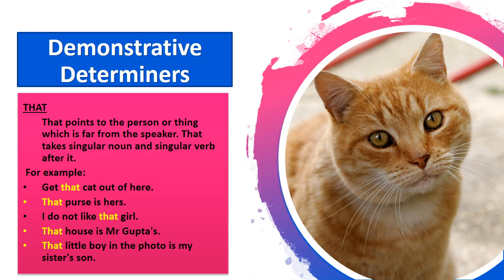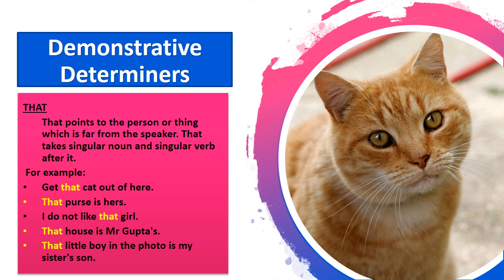For example, get that cat out of here. That purse is hers. I do not like that girl. That house is Mr. Gupta's. That little boy in the photo is my sister's son. So I hope the use of that is quite clear to you.